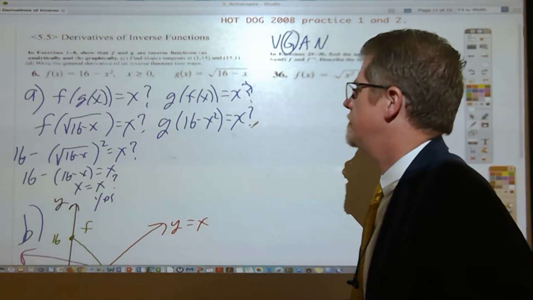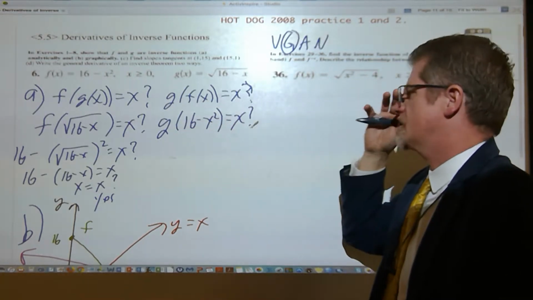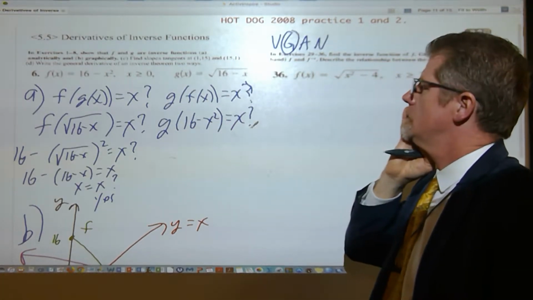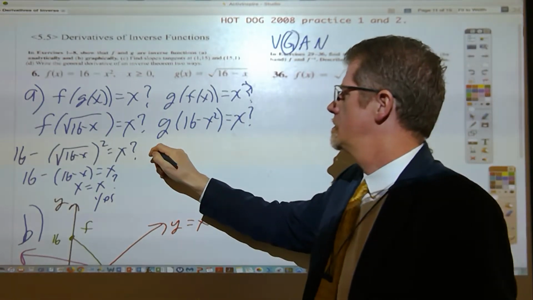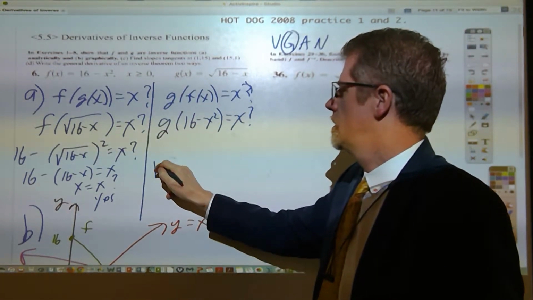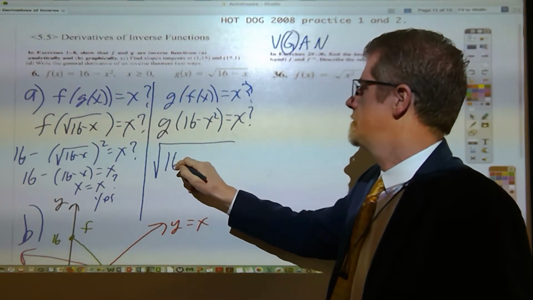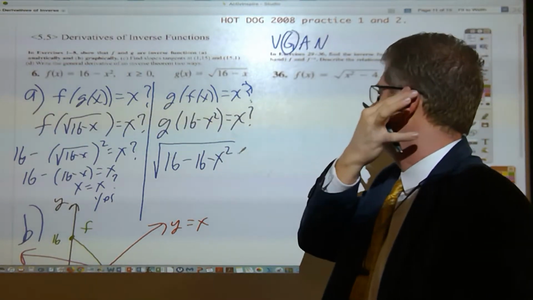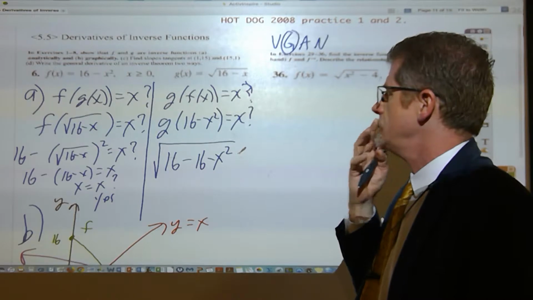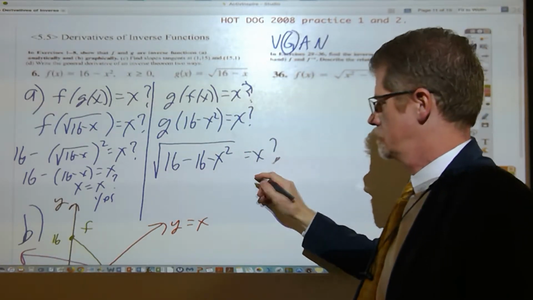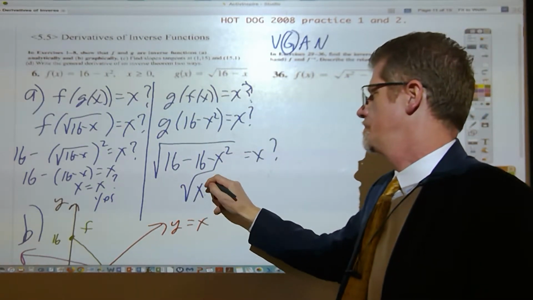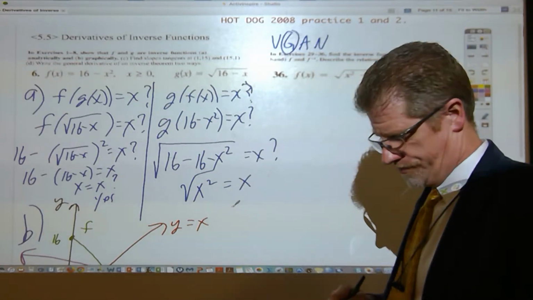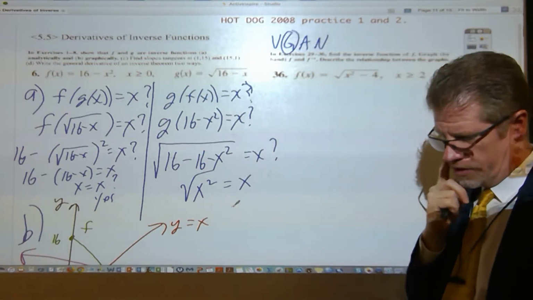A lot of you remember this, so go ahead and finish g of f of x. Square root of x squared.